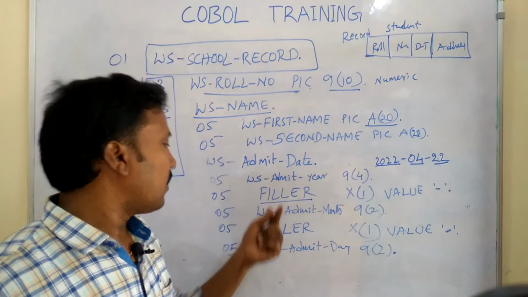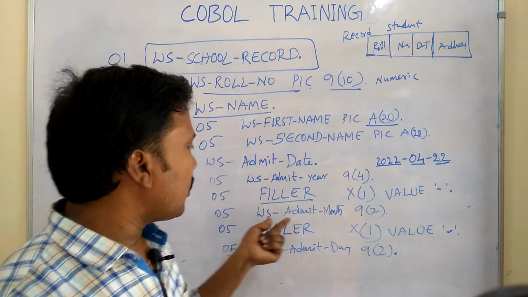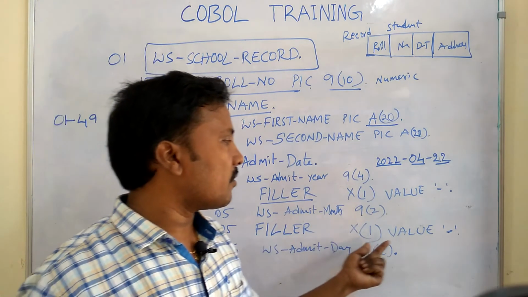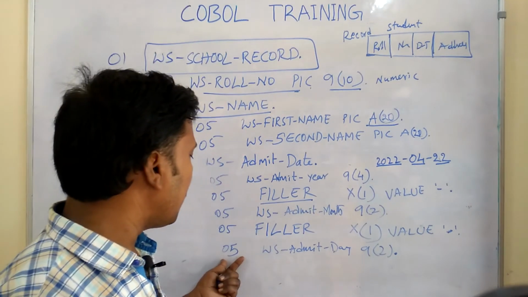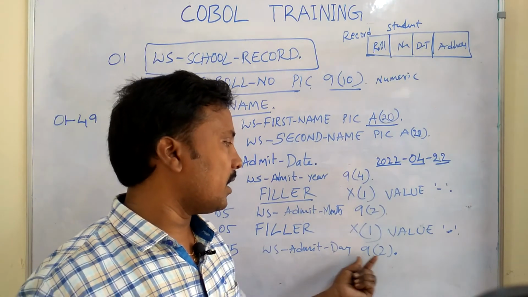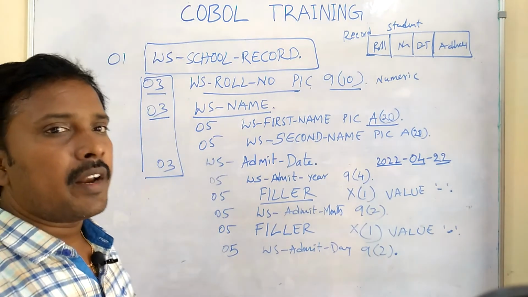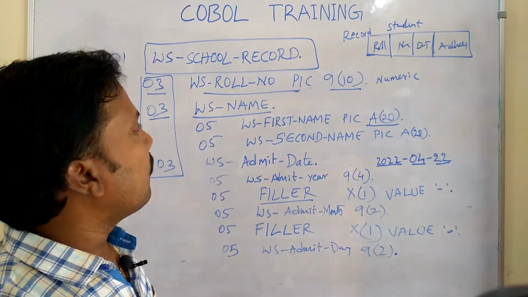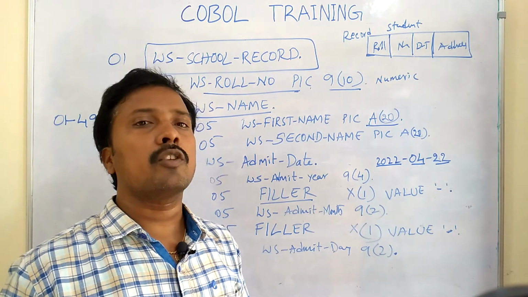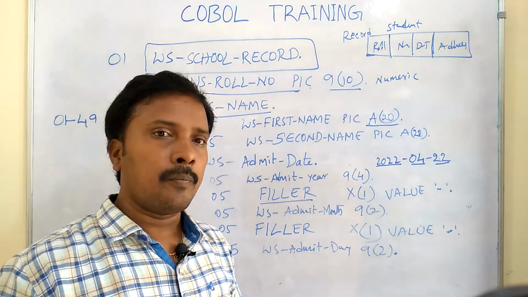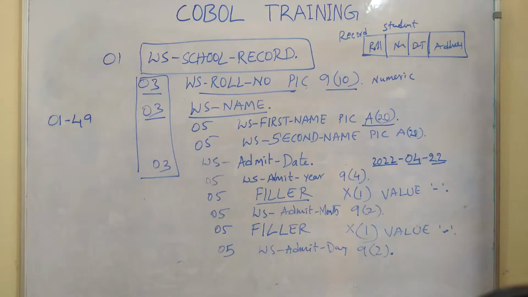Then 05 WS-ADMIT-MONTH 9(2), 05 FILLER X(1) VALUE hyphen, and 05 WS-ADMIT-DAY 9(2), which takes 2 digits. So this is one record, the variables we are going to use in the procedure division to store the school record and also display if we want to.